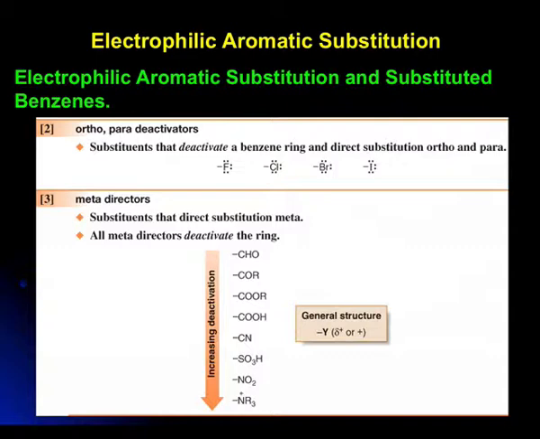Commit these to memory. I don't say that very often, but these you need to have committed to memory. On the next exam, you will have to know the electrophilic aromatic substitution reaction, you'll have to know the directing effects, and you'll have to know whether something is activated or deactivated. And you'll probably need to know all those in a single question, okay? So, you need to know approximately.